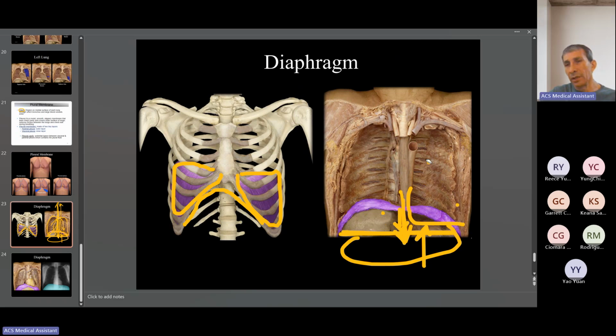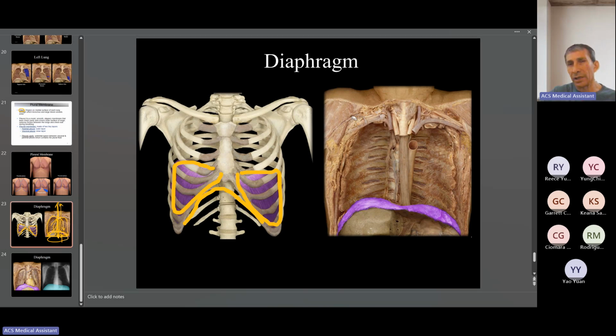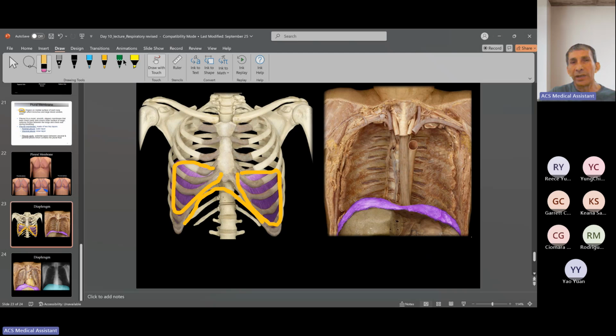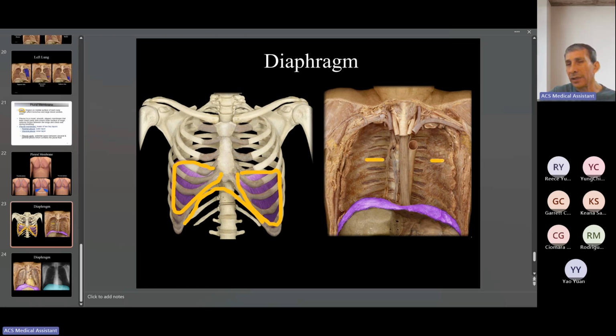So when I breathe in, pay attention to this. When I breathe in, what is the pressure inside the lungs, positive or negative? Well, when I breathe in, the pressure within the lungs needs to be negative. Because if I have positive pressure, air cannot go in. If it's not negative, air cannot go in because it would be pushing the air out.